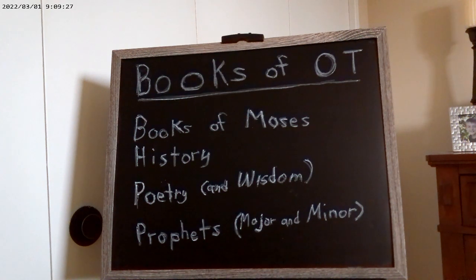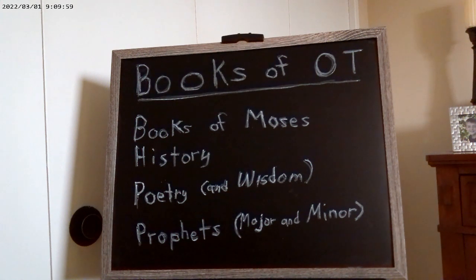And then there are the minor prophets. Now, this division really is based totally on the length of the books. So the minor prophets are shorter books than the major prophets, and in some cases, it's pretty close. That is to say, the minor prophets in a few cases have fairly long books.